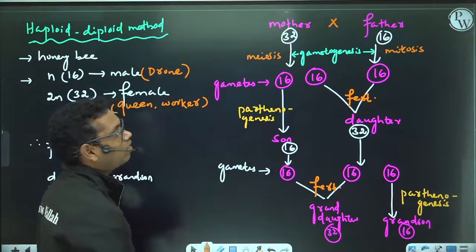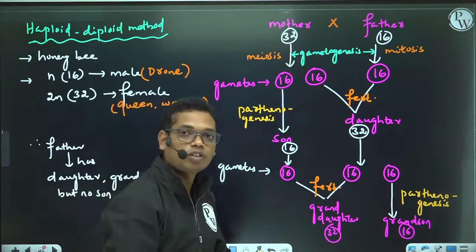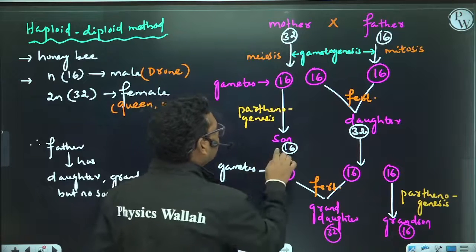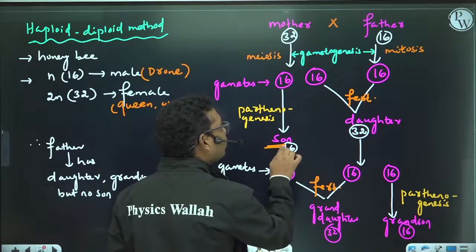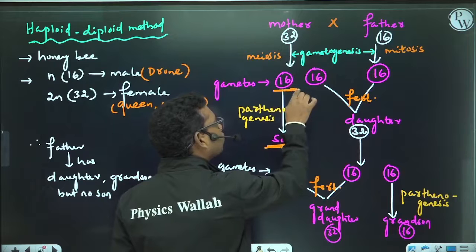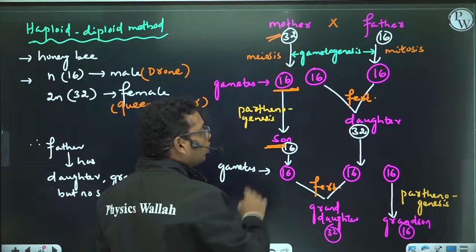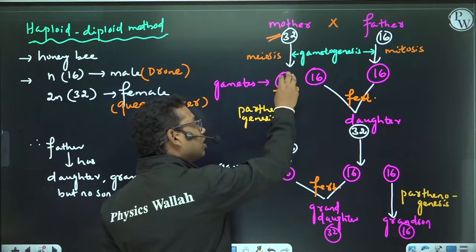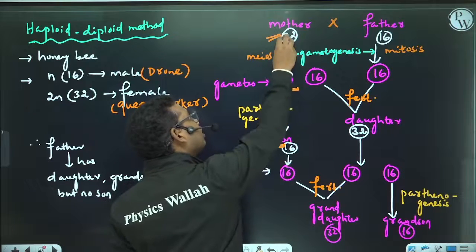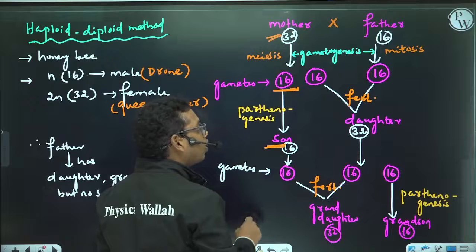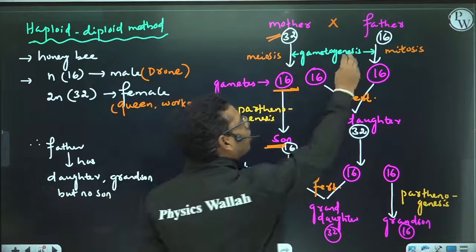And one more thing. Can I say that the father has a son? No, I cannot say. Why? Because this son is developed from this egg, and this egg comes from the mother. That is why this son has nothing to do with this father.